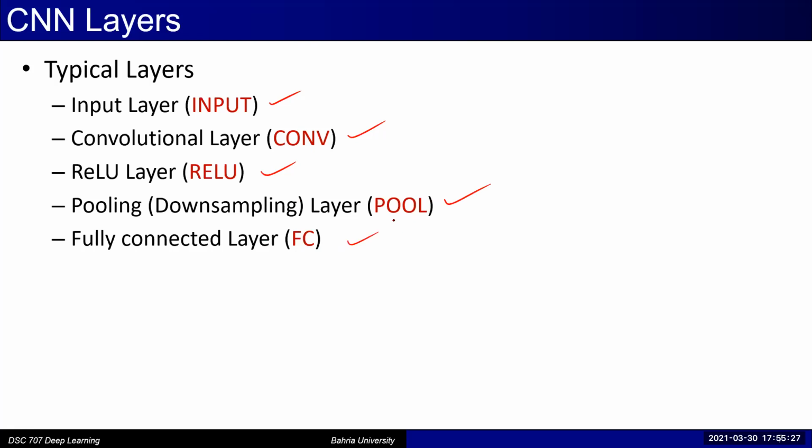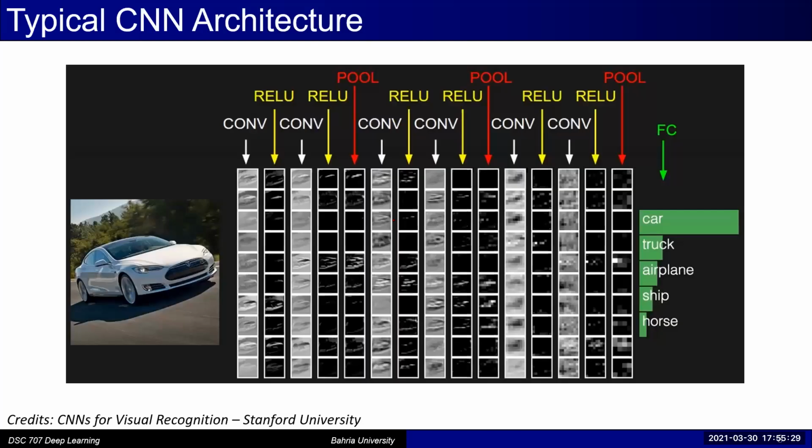So if we see a typical architecture of a CNN, there's a very famous diagram that you will find in almost every book or every presentation, which summarizes all the key layers that a CNN typically has, right? So you will perform convolution, and then typically you will have an activation function. So you will have convolution followed by activation function. You can replicate it as many times as you like.